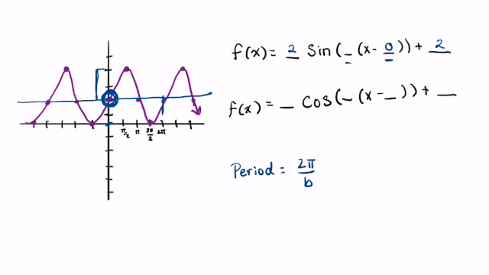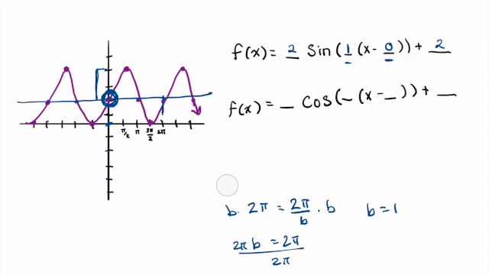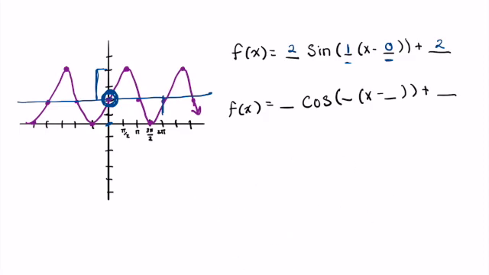So if I want to find my b value, we set 2 pi equal to 2 pi over b and solve for b. Multiply both sides by b, which gives 2 pi b equals 2 pi, divide by 2 pi, and we get b equals 1. So I can throw that right there. That's easy, and I'm done with sine. All right, sine function, easy, not hard at all.